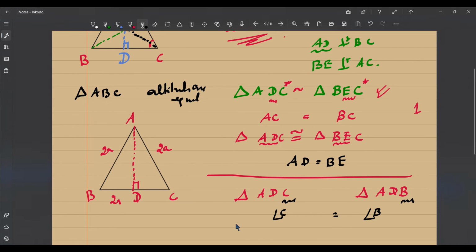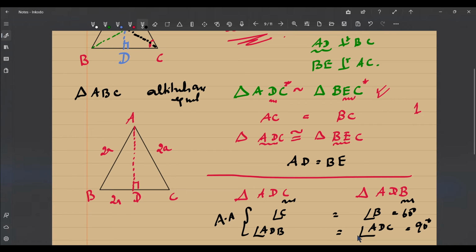We have another angle, angle ADB equal to angle ADC, both equal to 90 degrees. This is enough. I don't have to work more because I have two angles equal and the third angle is automatically going to be equal. So these two triangles are similar.